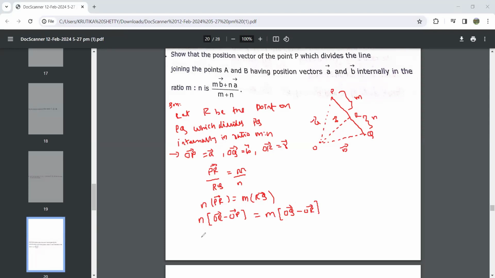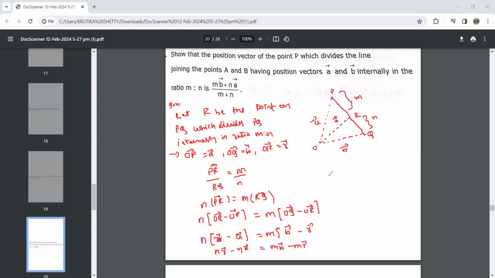Next we substitute the position vectors: OR is vector R, OP is A, OQ is B. So n(R minus A) equals m(B minus R). On simplifying we get nR minus nA is equal to mB minus mR.